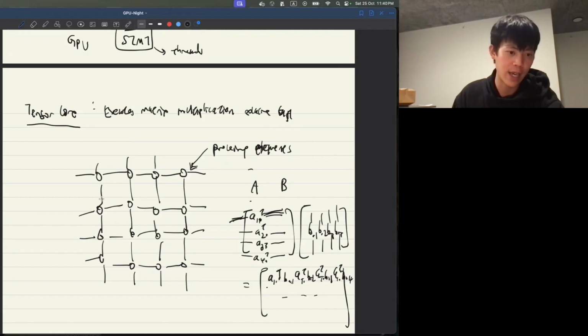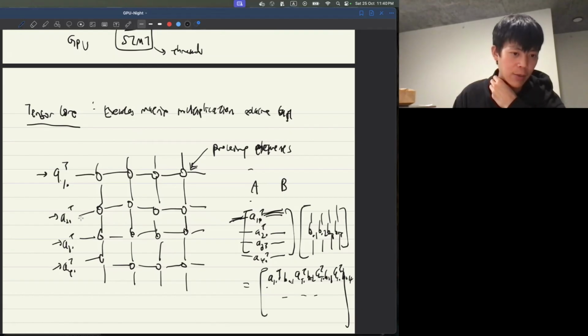It turns out that you can with this spatial architecture. So in particular, let's consider this idea. Let's stream in the values of the first row, A1 dot, into the first row of this spatial architecture. Let's stream in A2 dot in the second row, A3 dot in the third row, and A4 dot in the fourth row.